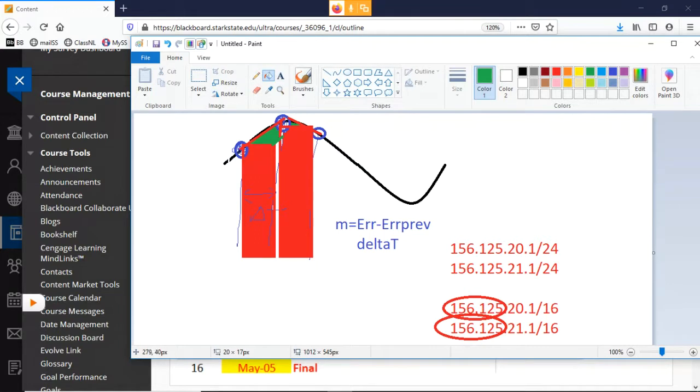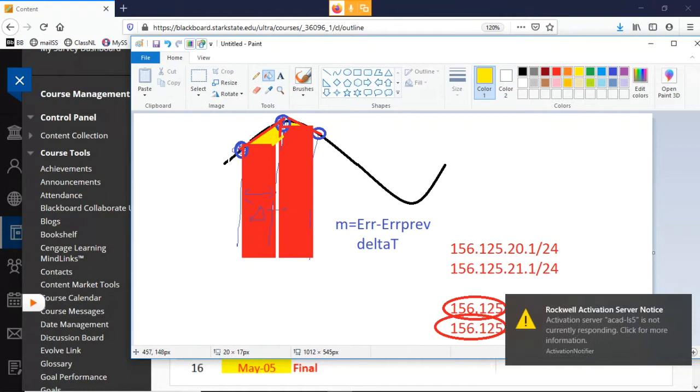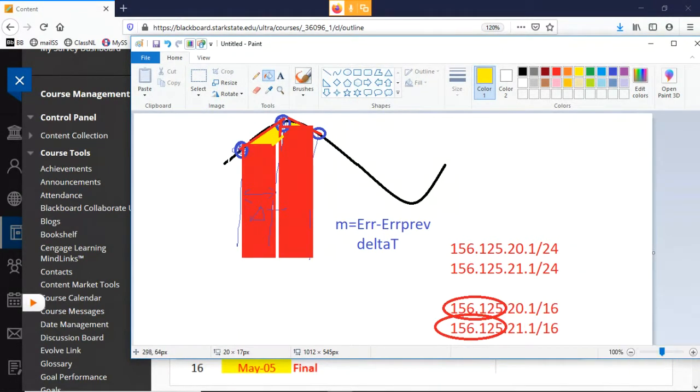You're missing this piece here, and these pieces you're just approximating, so you're not getting the perfect area, but you're getting an approximation using a simple geometrical equation.